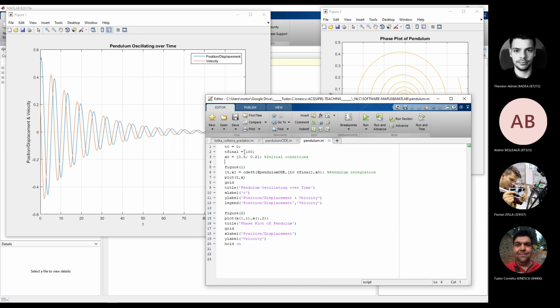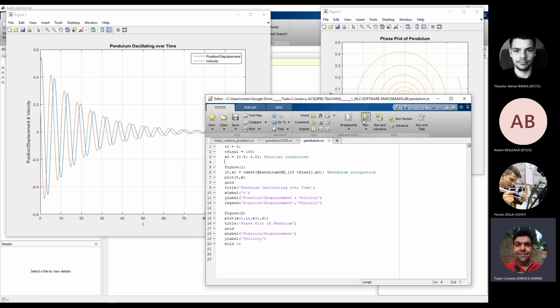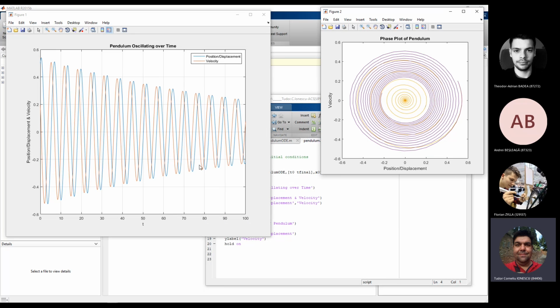Now let's change the pendulum. Let's see about the friction. Let's first increase the mass 5-6 times and see what happens. You see what happens? The swinging, and also this is in the first portrait.